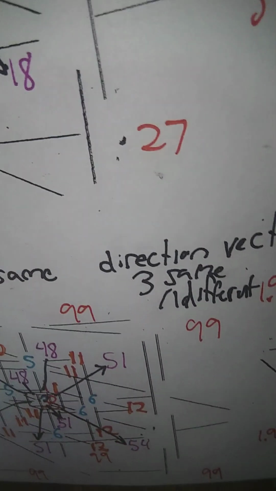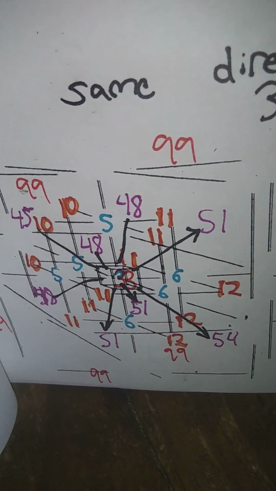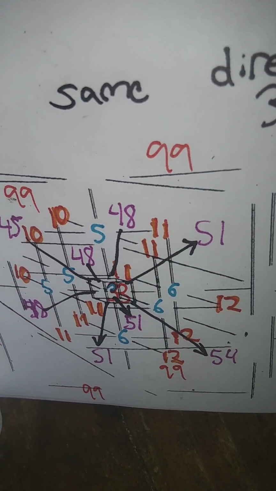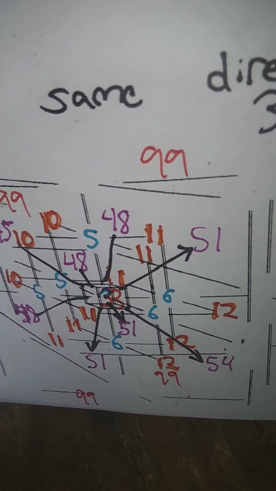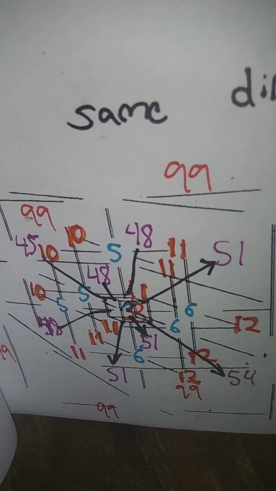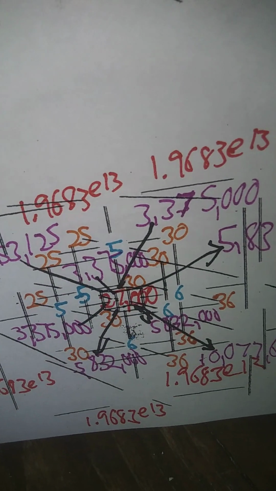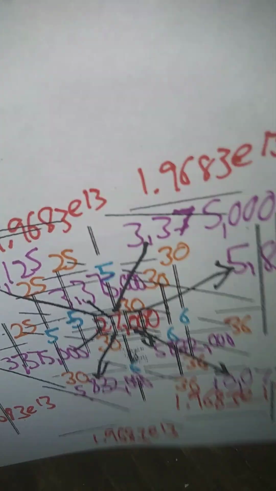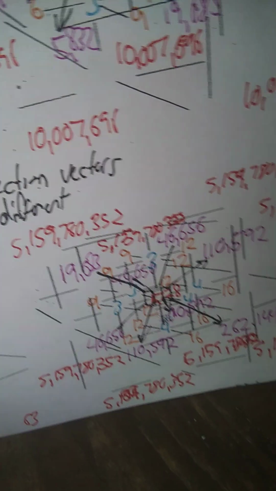So I went on to 5 5 5 and 6 6 6. Now they show the same direction vectors and the same 3 same and 1 different in multiplication and addition. If you look at these, they're all 3 same and 1 different.